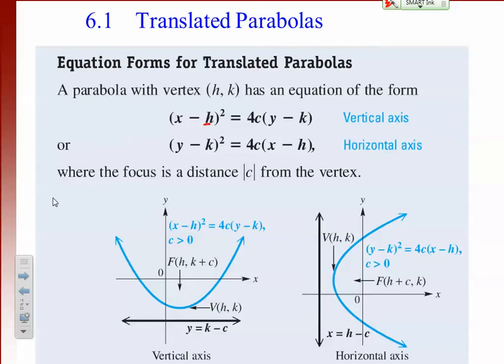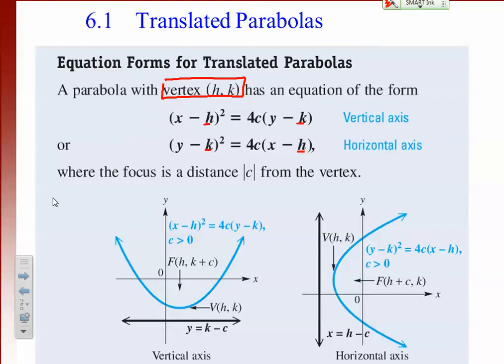The h goes with the x even when it's going left and right. The h is still with the x value, the k is still with the y value. So that's where the vertex is. That hk value is my vertex, the coordinates of the vertex.